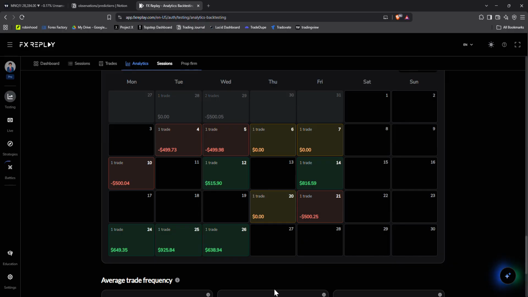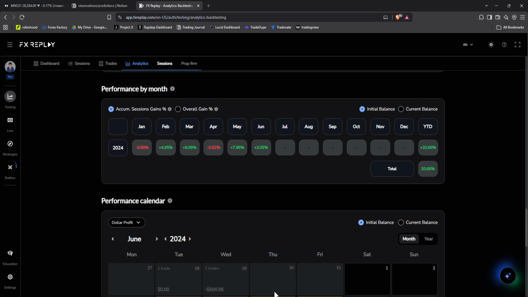Plus 800 plus 650 plus 900 plus 630 minus 2 grand. I'm only up 1.4k, and that would be on the one account. So across 5, that would put me up like around 7.4k a month.